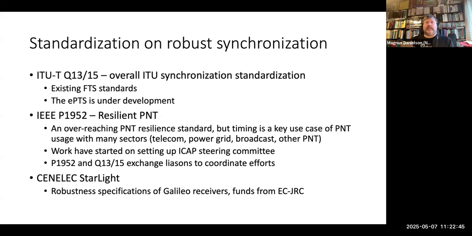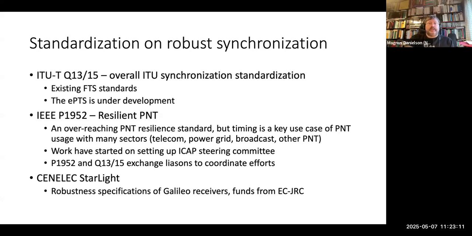There's also an ICAP steering committee set up, and this is interesting because it brings in a lot of people that have not spoken so much with each other, and I think that's the situation we're moving to. We now need to think not sector by sector but together. So I think it's an interesting effort, and I personally spent quite a bit of time on that one.